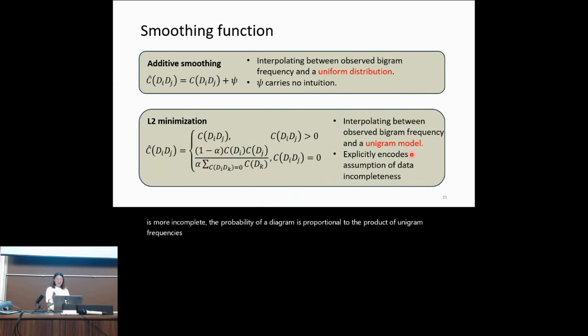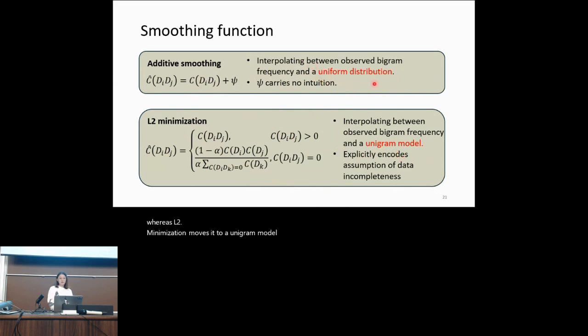And therefore, this method does smoothing by moving the bigram distribution towards a unigram model where domains are drawn independently. And so comparing additive smoothing and L2 minimization, additive smoothing moves the bigram distribution to a uniform distribution, whereas L2 minimization moves it to a unigram model.